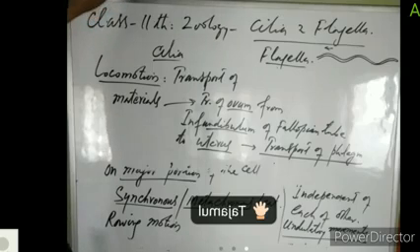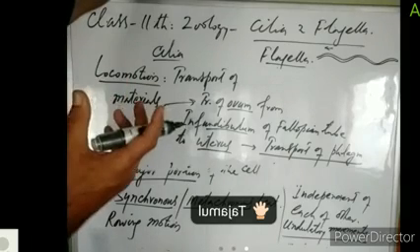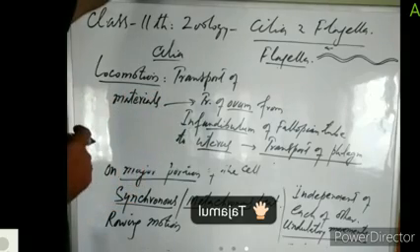The function of that mucus is to trap the dust particles and pathogens which enter through inhaled air. So when we inhale air, we are also inhaling some dust particles and some pathogens. So the mucus of our respiratory tract traps those dust particles and the pathogens.